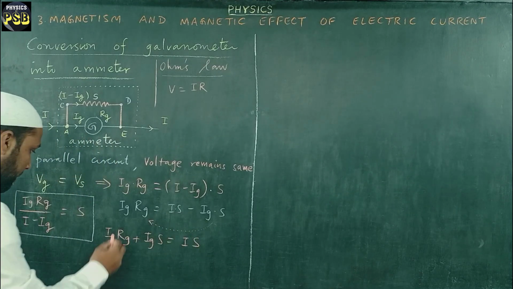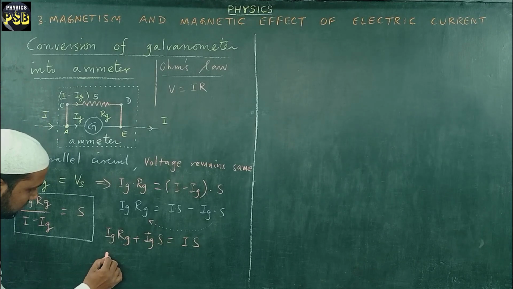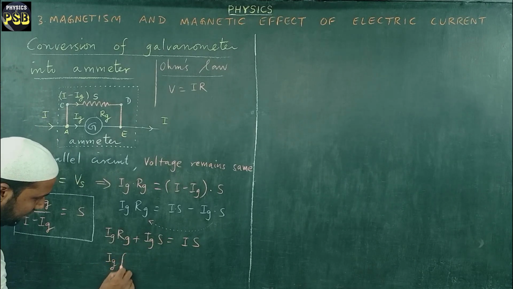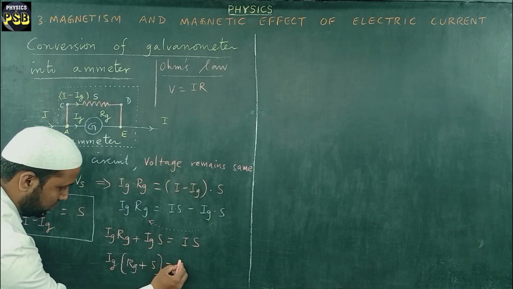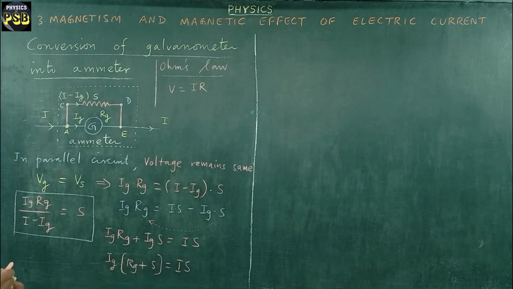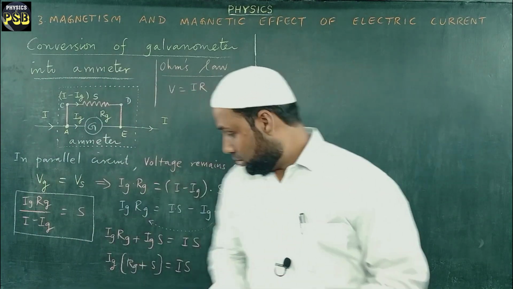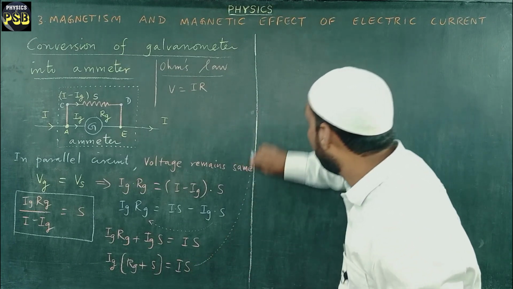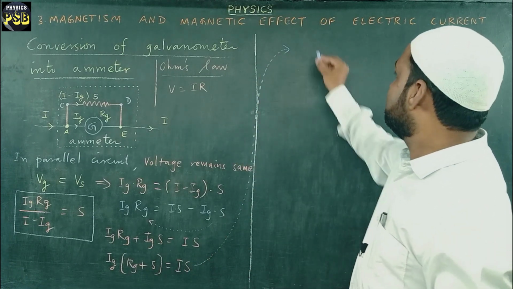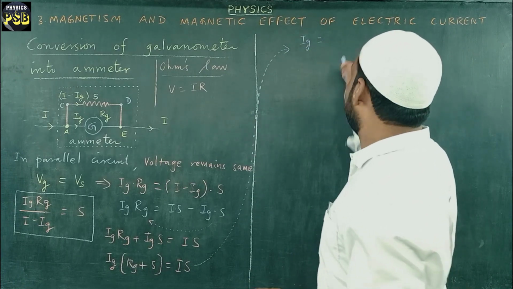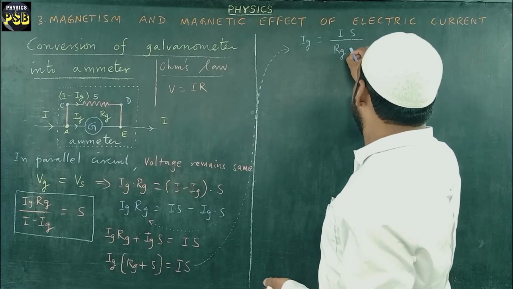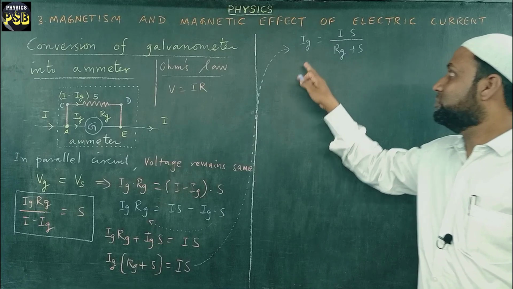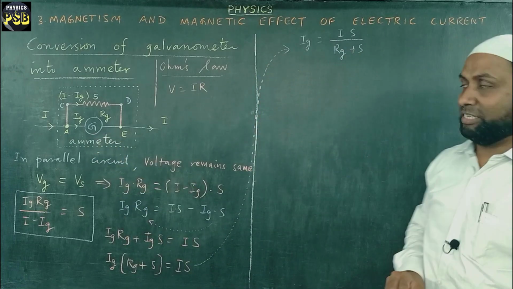Then Ig is taken out as a common term: Ig times Rg plus S equals I times S. From here, I can write Ig equals I times S divided by Rg plus S. This is the value of Ig, which is nothing but the current flowing through the galvanometer.